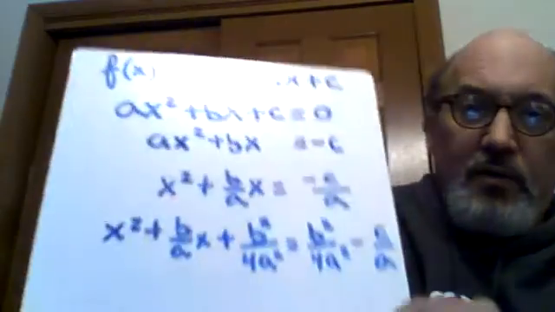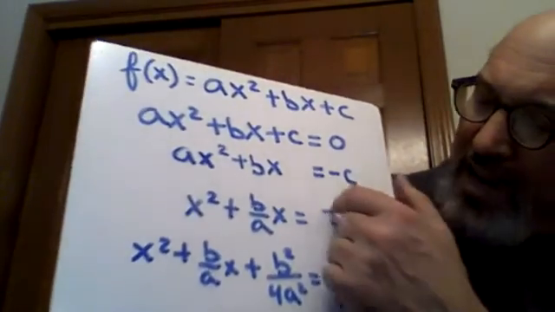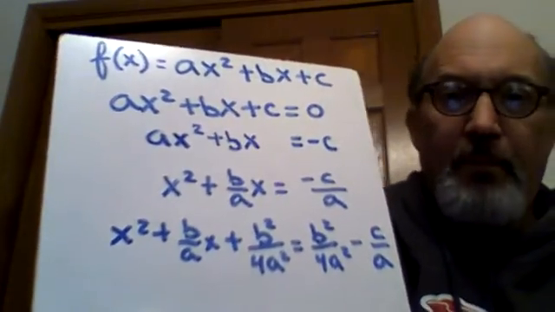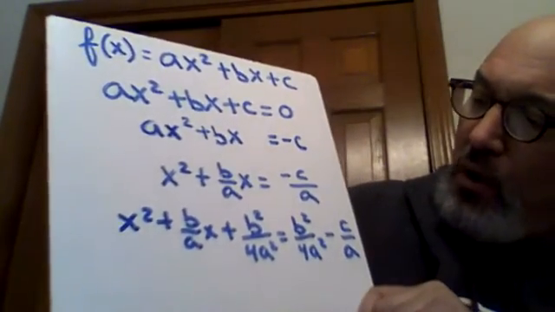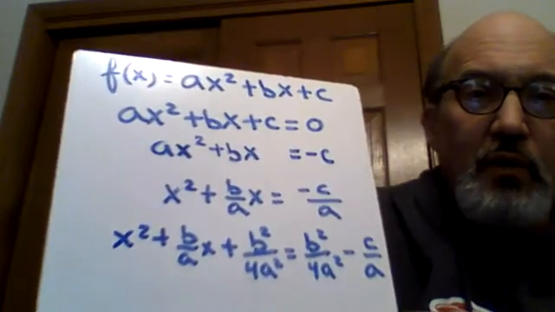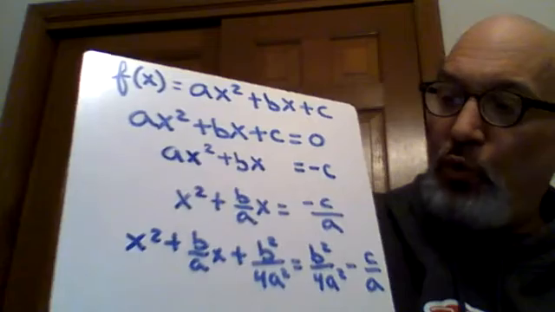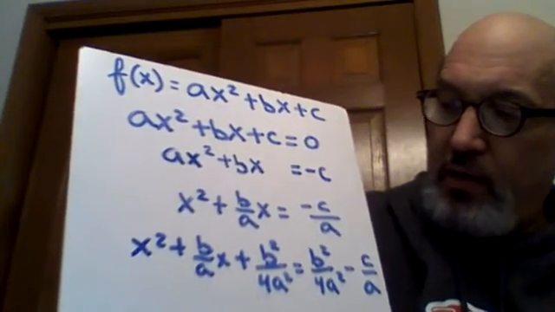Well, because I kind of know where we're headed, and it's just going to look more normal if I put it on the left side. So b squared over 4a squared, and then minus the c over a. Right? And notice what I've done here. I had negative c over a, but that's equivalent to minus c over a. Okay? So we have just completed the square, and we have kept both sides of the equation equivalent by doing the same thing to each side.